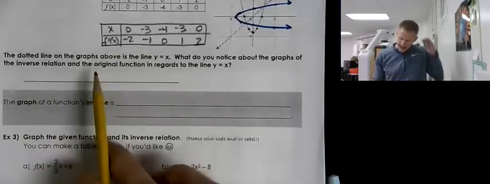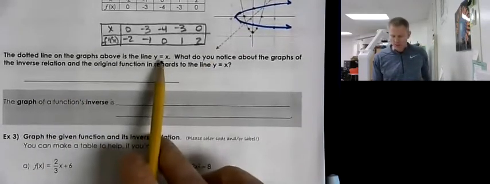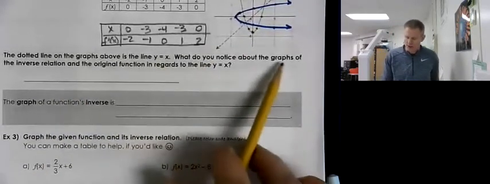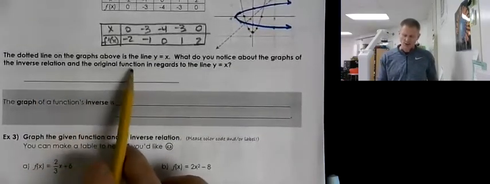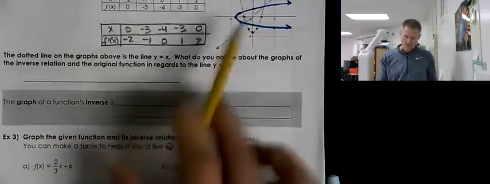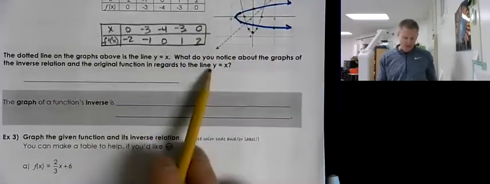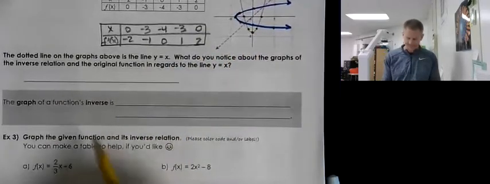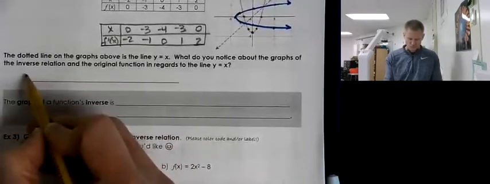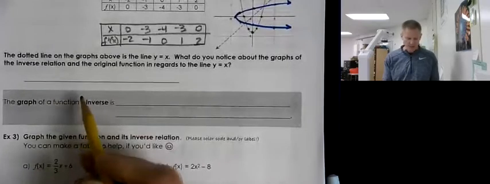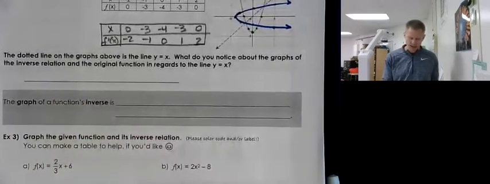The dotted line on the graph is y equals x. What do we notice about the graphs of the inverse relation and the original function in regards to that? It is a reflection over the line y equals x.